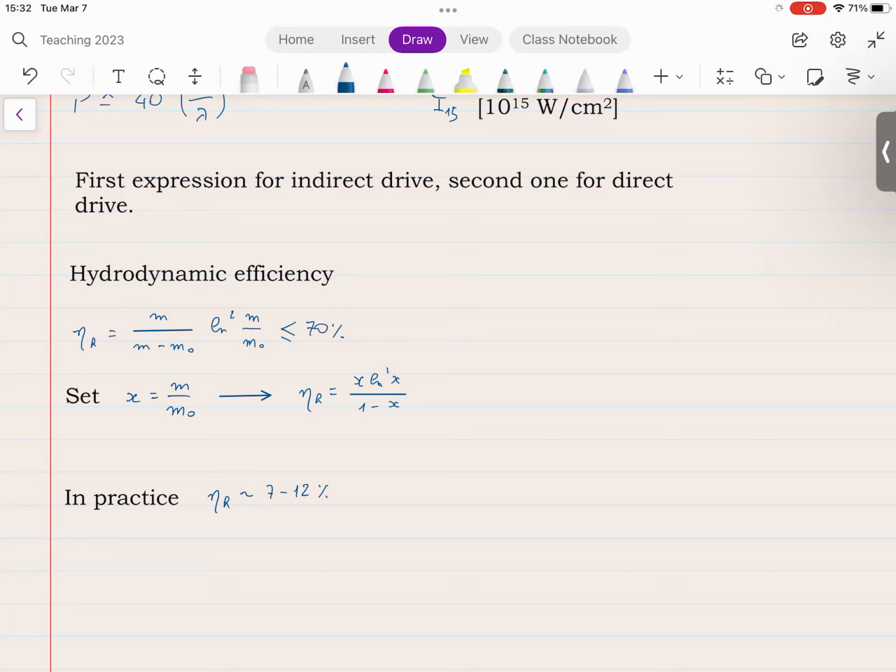So it's not terribly high. As we have already hinted at, the ICF process is quite inefficient in terms of transferring energy from the wall plug energy all the way to the fusion target.